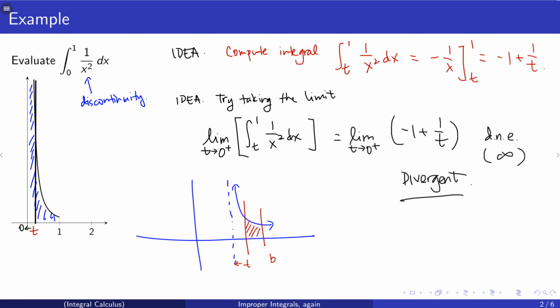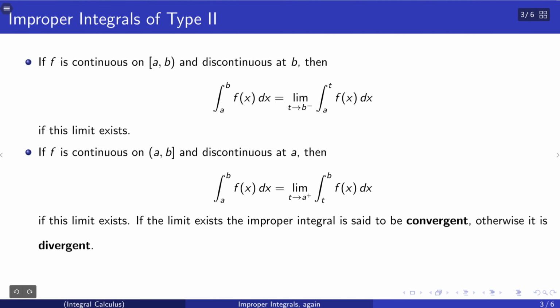Conversely, you can have something on the left as well. Then you do the same thing. You let t approach the vertical asymptote from the left. And in either of these cases, if your limit is a finite value, then we'll say that that is the value of the integral. So that's all this slide says.